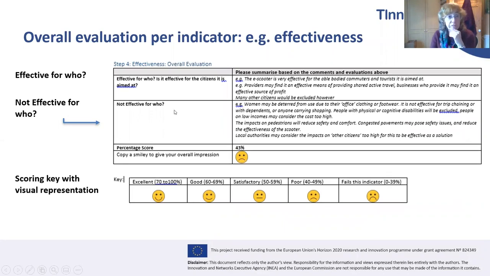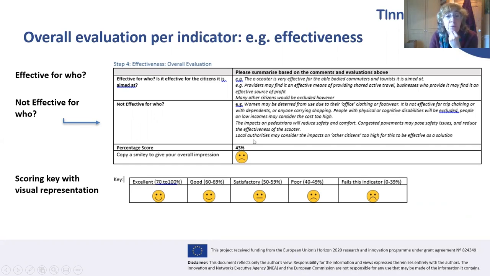Overall, there's a final evaluation for each indicator. So for effectiveness, we finish up by saying, who's it effective for? And is it effective for the citizens it was aimed at? And then we say, well, who's it not effective for? And this is where we find out who's been excluded by this particular design.